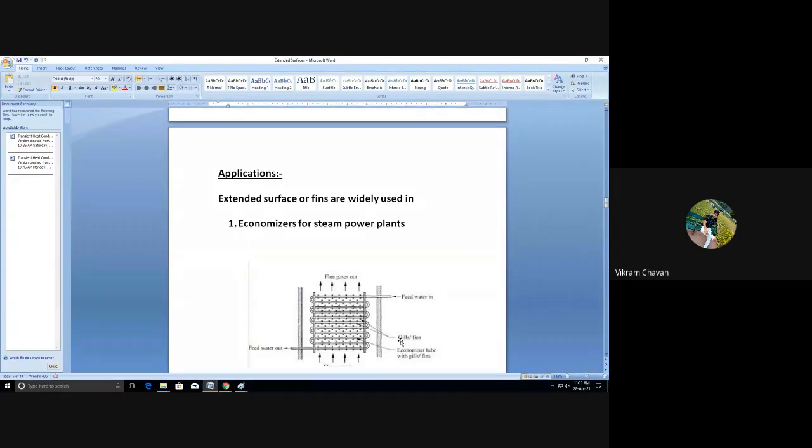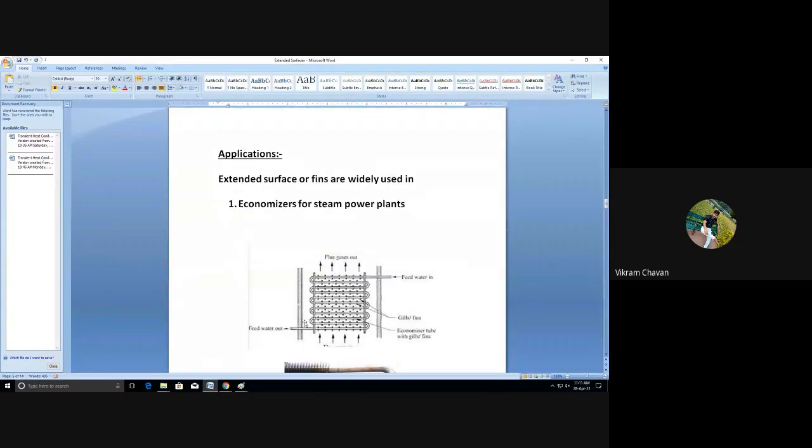First one is the economizer for steam power plant. What is the function of the economizer? It extracts the heat from the outgoing flue gases or outgoing hot gases from that particular plant. You may have learned this economizer diagram in thermodynamics, in the boiler chapter.